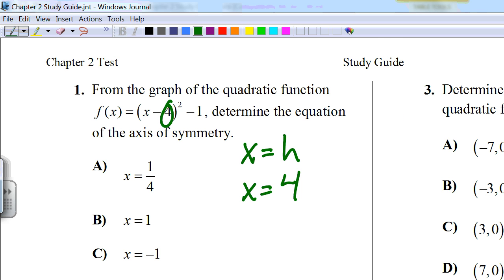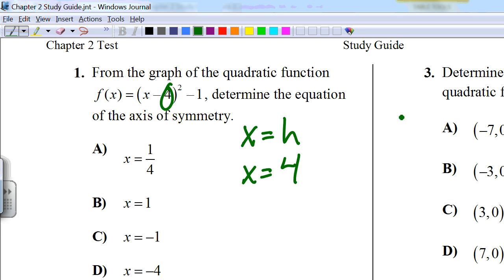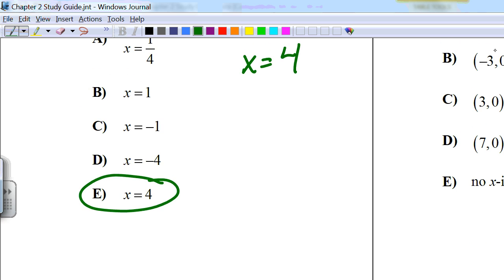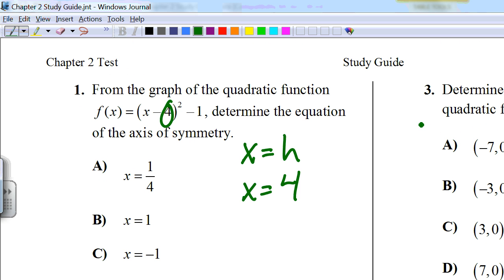The x-intercept is when y equals 0. Okay, so that means that 0 equals x squared plus x minus 56.